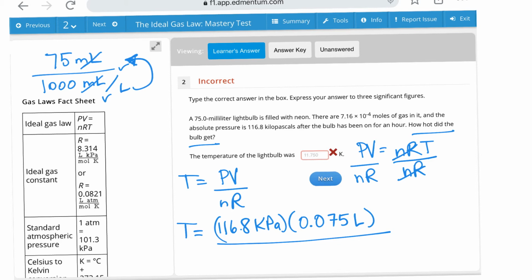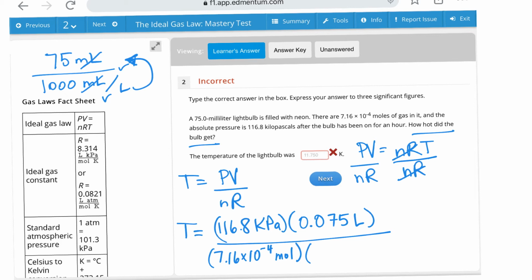All right, the N, the number of moles. It's a very tiny number, very few moles in this light bulb. 7.16 times 10 to the negative fourth moles of gas, and we're multiplying that by the gas constant.